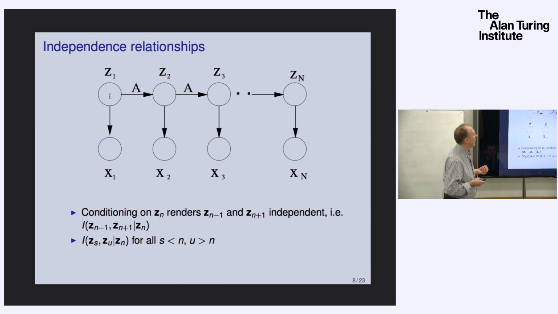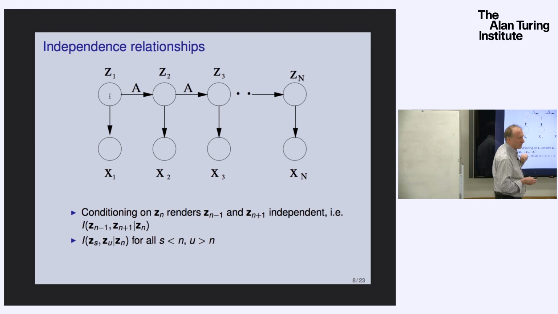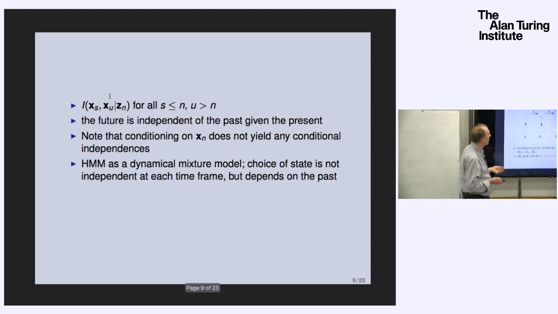What we can see, and similar to what Yanis was talking about before, basically by conditioning on a Zn, say Z2 here, we'll separate off the past and the future. So very precisely in directed graphical models, we can actually talk about conditional independence relationships between different variables. And because everything is mediated through this hidden Markov chain, basically if we condition on the z's, we can separate the past and the future.